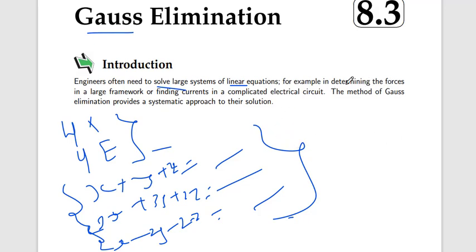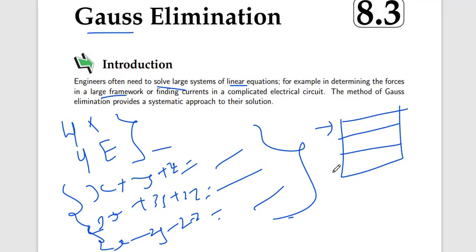An example is determining the forces in a large framework like a building. If we want to find the different types of forces applied on the building, there are many: wind forces, earthquake forces, dead load, live load, and different floors.